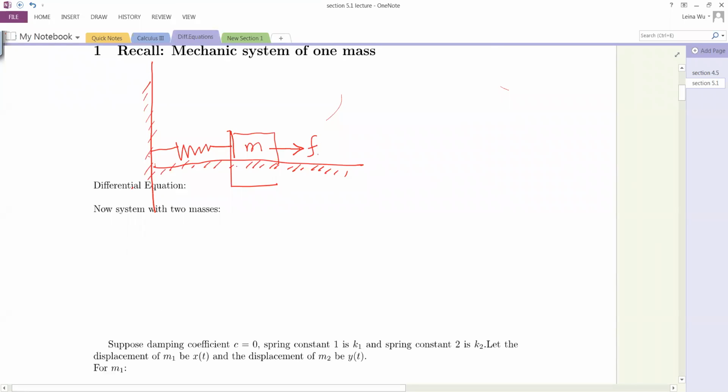And you can have an external function f of t pulling this mass, right? You guys with me? Yep. So the spring has a constant k. And for the surface at the bottom, the floor may have the damping coefficient c.